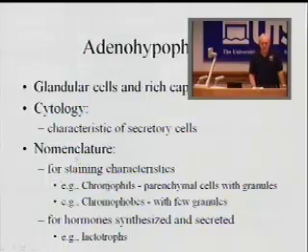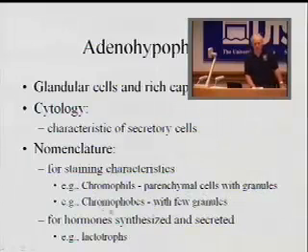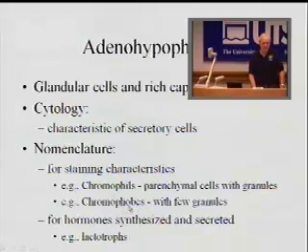So in the nomenclature, cells can be named based upon the staining characteristics, such as color-loving stains, so chromophils, and these are parenchymal cells that have many granules within them. Then there's chromophobes, which obviously hate the stain, so they're going to be lightly stained or not stained at all, and they have few granules.